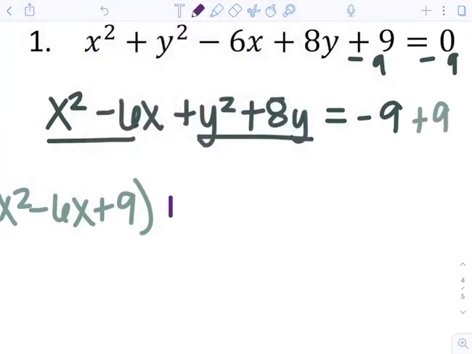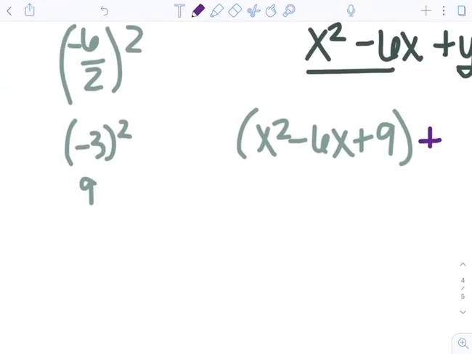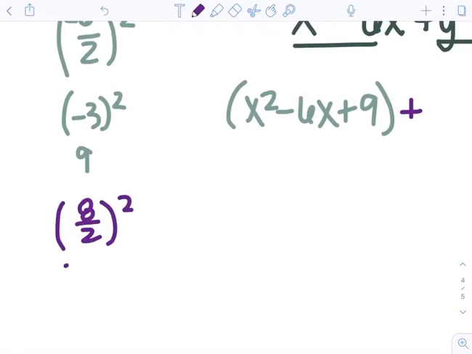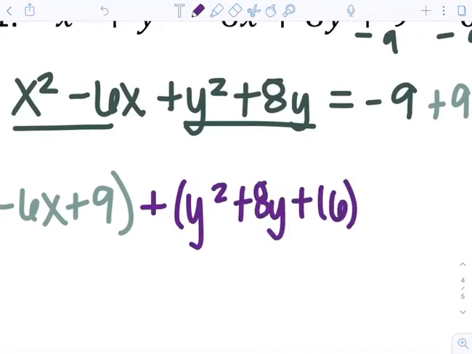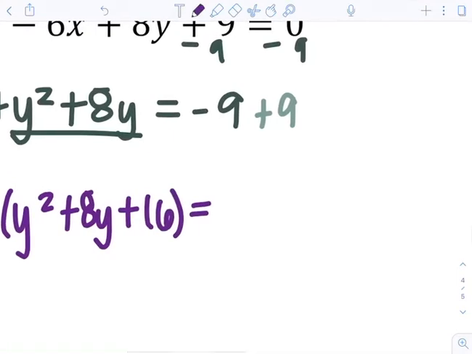I'm going to do that in purple. So 8 divided by 2 squared. So that's 4 squared, so I get 16. So this is going to be y squared plus 8y plus 16 equals, and don't forget to add that 16 to the other side as well. So now you're adding two numbers to both sides.